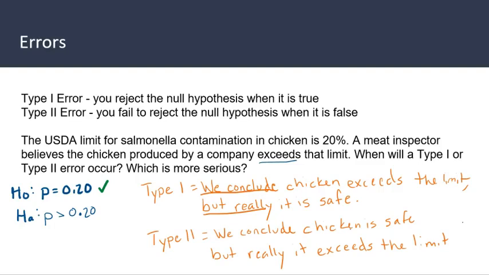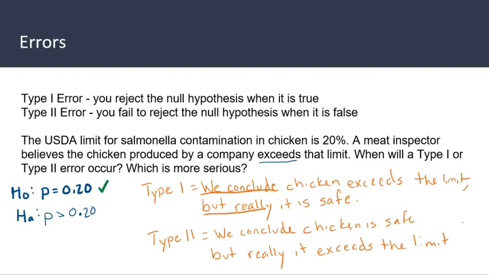We conclude the chicken exceeds the limit, but really it is safe. If we conclude that the chicken exceeds the limit, we're going to recall that chicken so that it doesn't get sold to make people sick, which means the company is going to lose money, and they probably have to really clean the factory when it's not necessary. But in a type 2 error, we conclude the chicken is safe, but really it exceeds the limit.